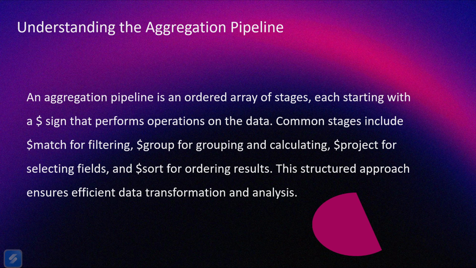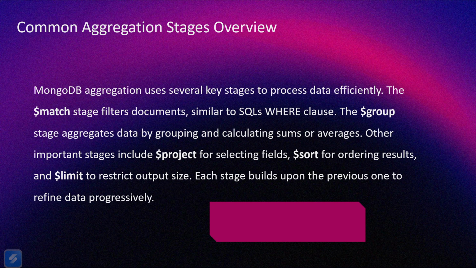Some of the common stages include match for filtering, group for grouping and calculating, project for selecting fields, and sort for ordering. These approaches help us transform data efficiently.